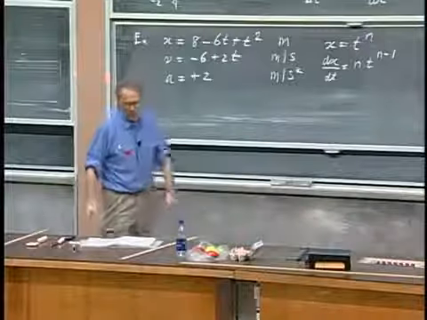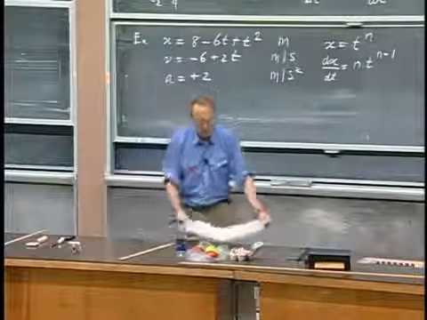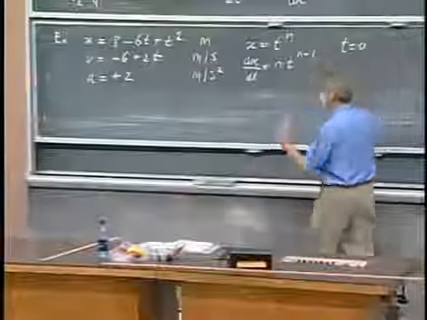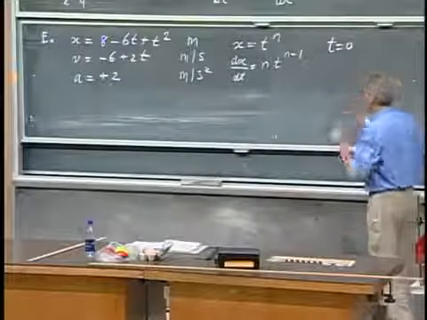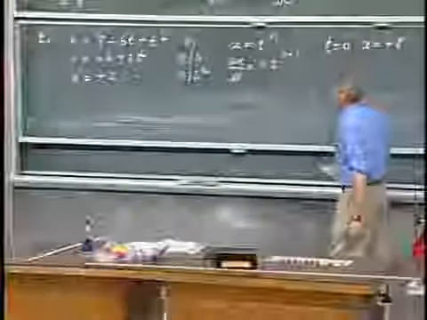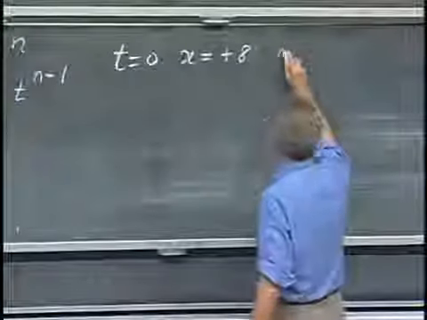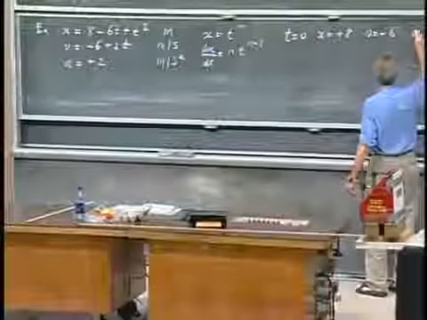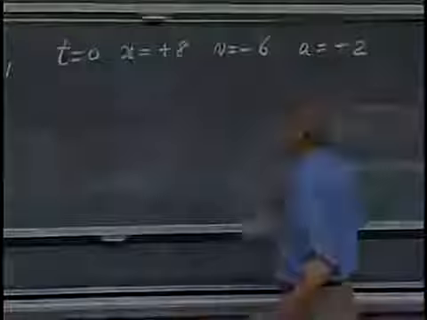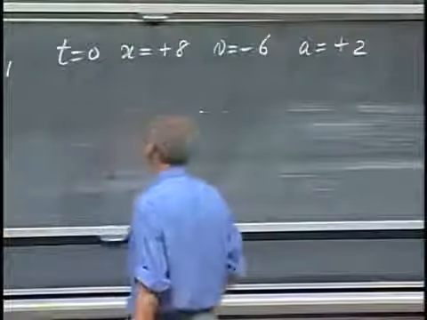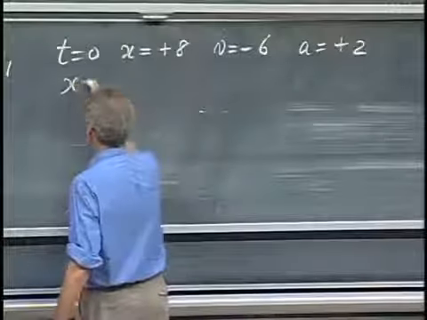Well, at time t equals 0, I'll start to probe a little bit. I want to get a feeling for what this object is doing. At time t equals 0, x is plus 8. The velocity is minus 6 meters per second, and the acceleration equals plus 2. I can also ask myself, at what time is x equals 0?